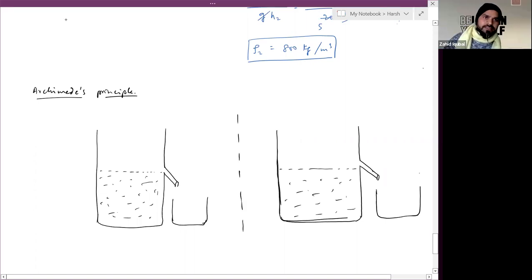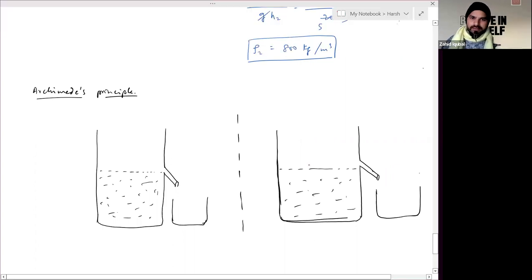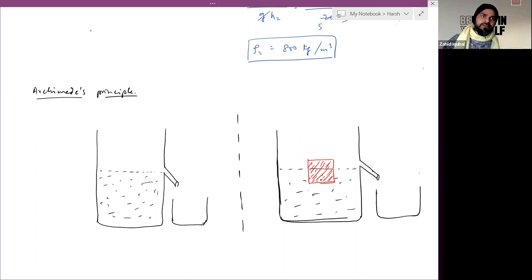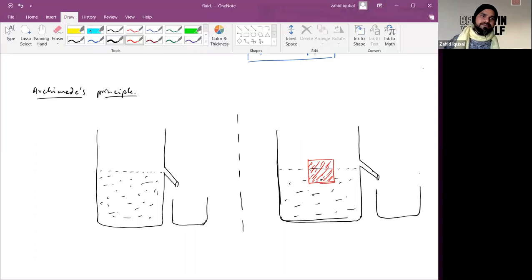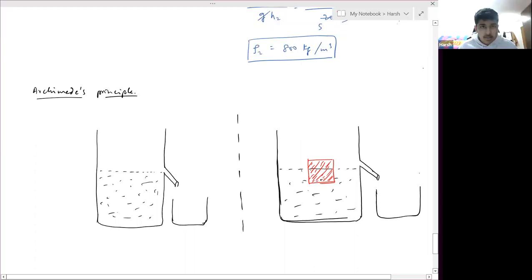In the second part, I have just inserted a body into it. So will there be any change in the level of liquid in this segment on inserting this object into it?